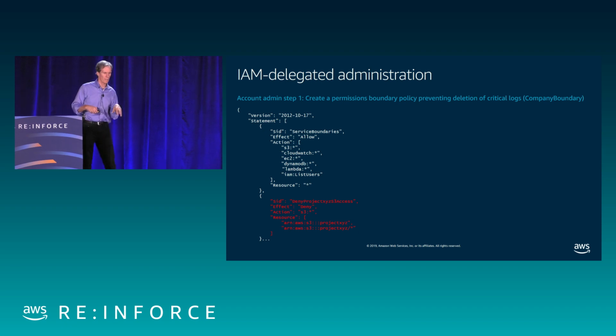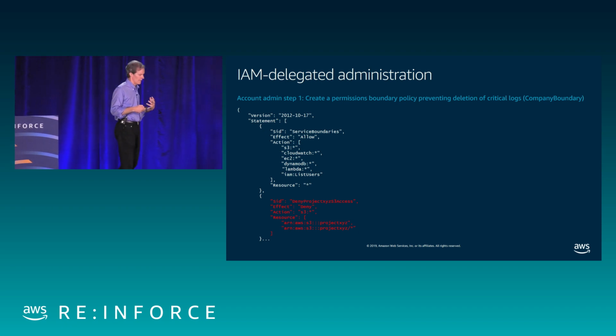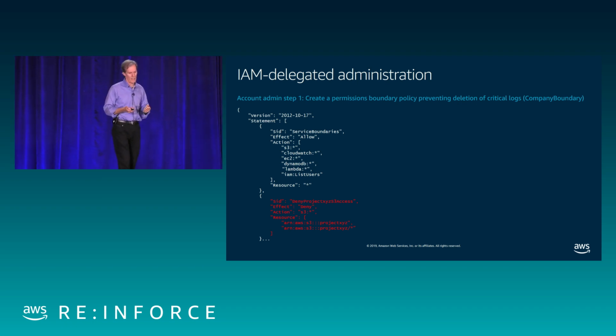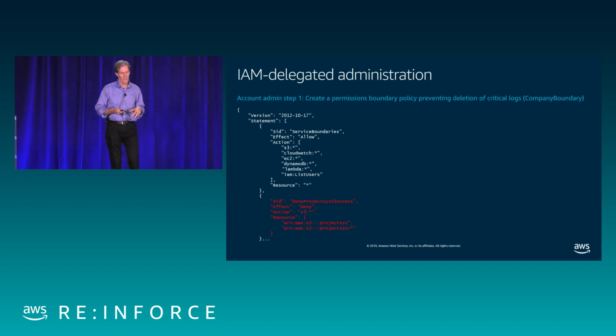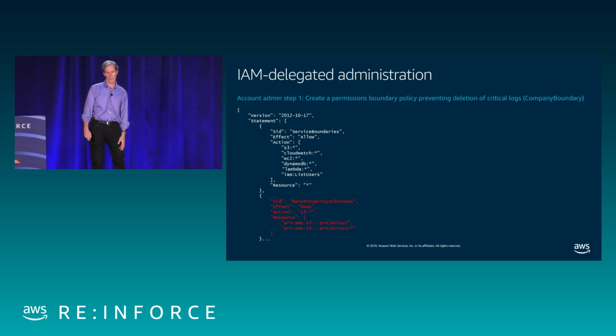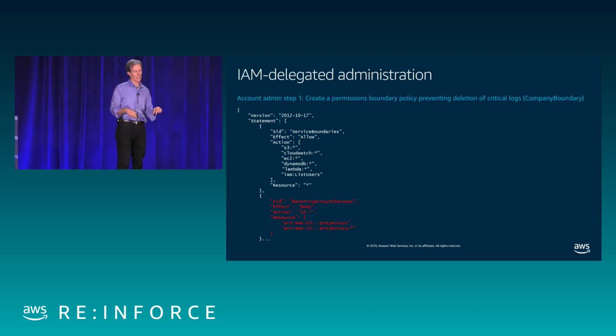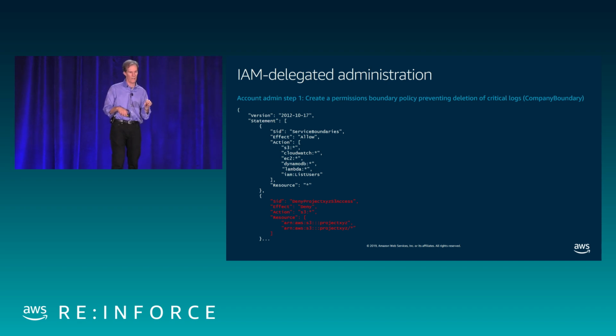So here's an example of a delegate, an IAM administrator, creating a policy. And as you can see under the action, it's S3 star, CloudWatch star, EC2 star, it's everything. They can do a lot of things with this permission statement. But they've gone ahead and constrained it in a particular area, in the red there.